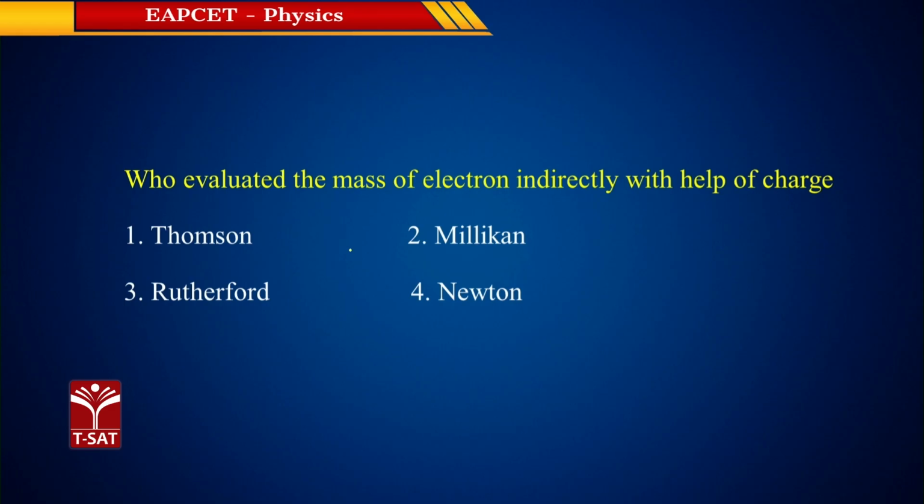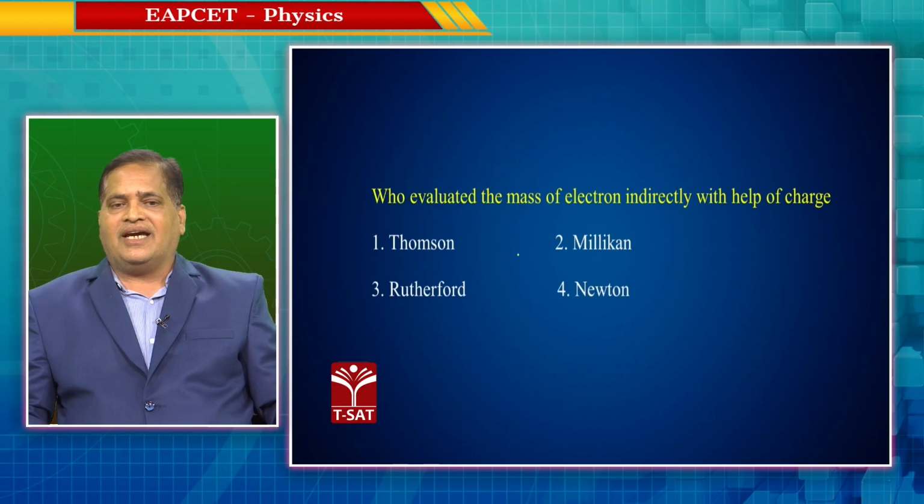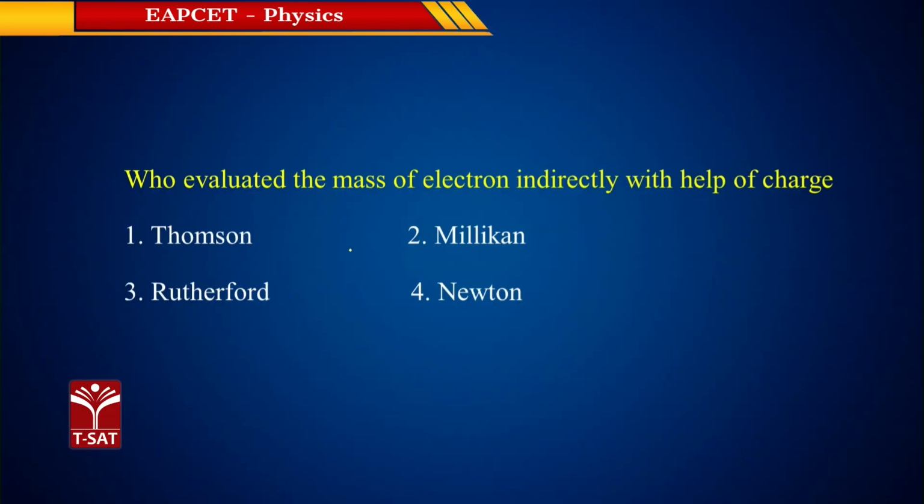See children, J.J. Thomson discovered the electron, Rutherford the nucleus, and Newton discovered the laws of motion and gravitation. But by the Millikan oil drop method, the mass of the electron, and also the electron charge, were determined. So the Millikan experiment is most important.